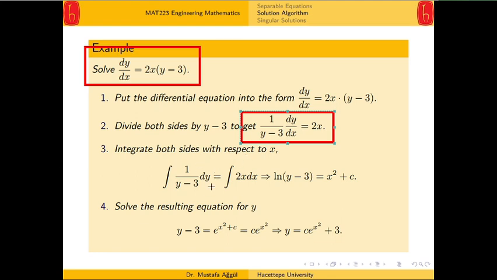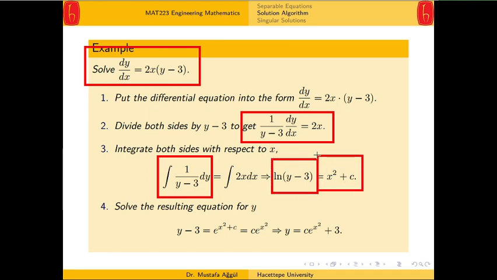You can always do that, skipping the dy/dx times dx. That integration will be equal to ln|y minus 3|, and on the right hand side we have x squared plus some constant.